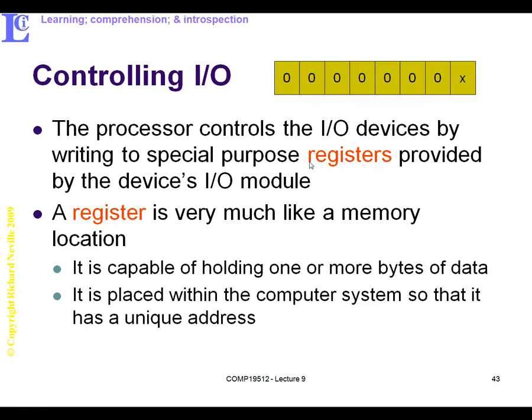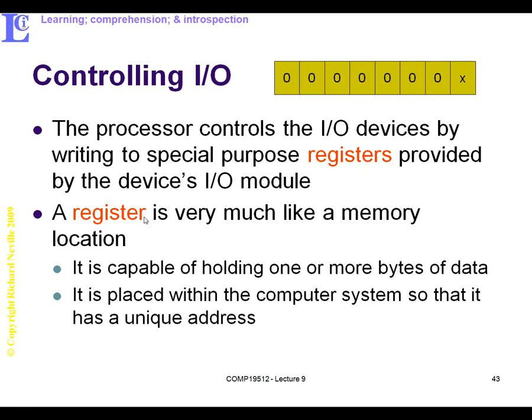So the first thing to realize is each I/O device or controller has a set of registers, and they'll be given specific names. So we're going to name them in a minute. So these registers themselves have to be addressable by the computer, and this is where the term memory mapping and a memory address will come into play.